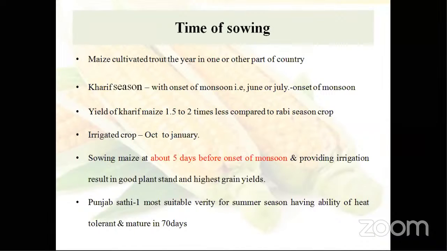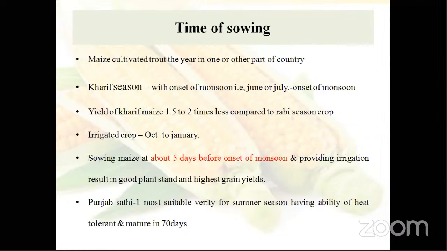Out of total maize, 70 to 75% is dry land. If you divide it seasonally, Rabi maize is only 15%. The remaining 85% of your maize crop is under Kharif and summer season.